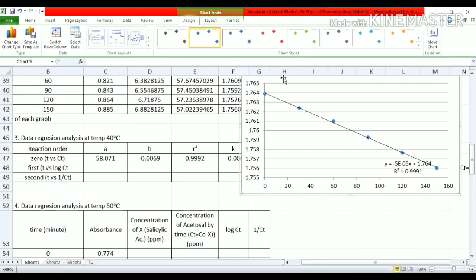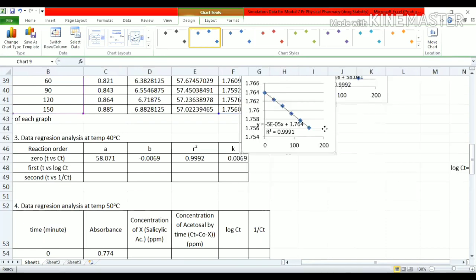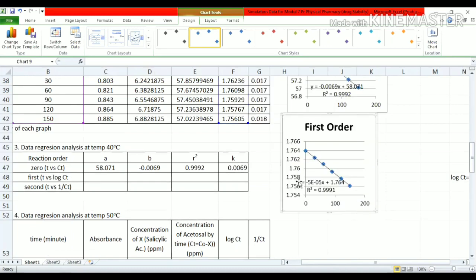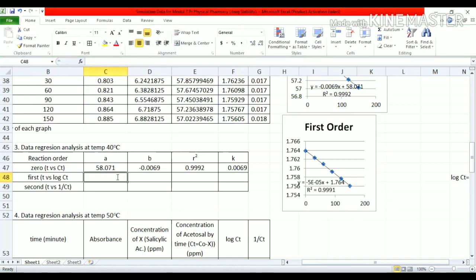So the A number is 1764, and the B is minus 0.00005, and the R number is 9991.